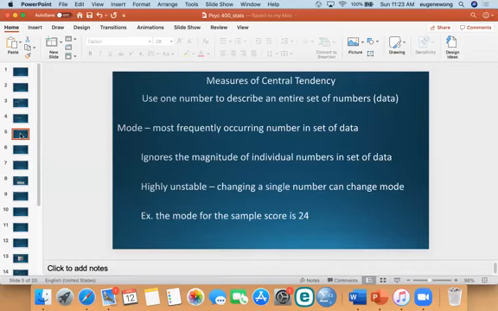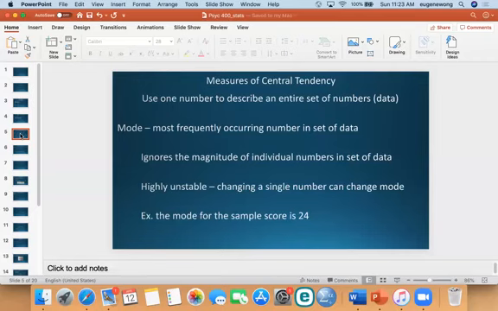All right? Couple of things to keep in mind with respect to the use of the mode. The mode ignores the magnitude of individuals' numbers in the set of data. In other words, it doesn't care what the actual scores are.